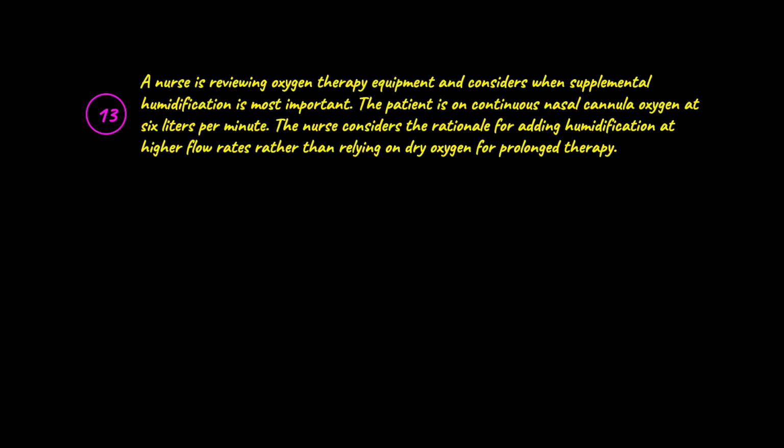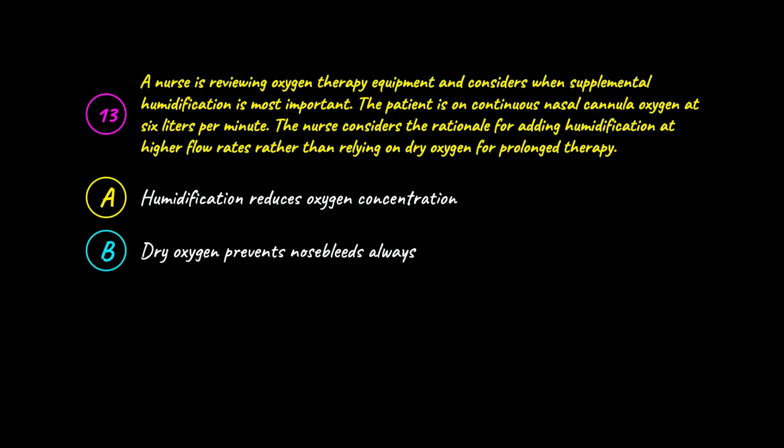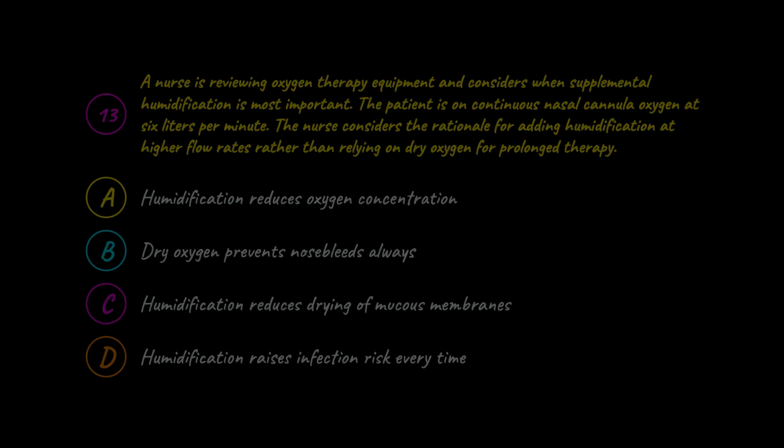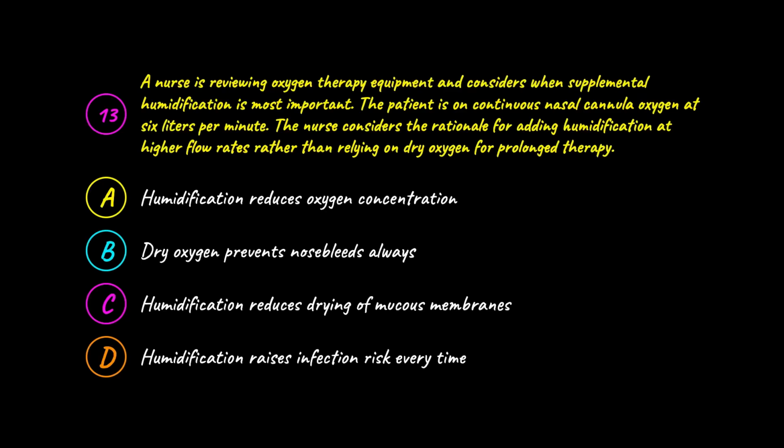Your options are: A. Humidification reduces oxygen concentration. B. Dry oxygen prevents nosebleeds always. C. Humidification reduces drying of mucous membranes. D. Humidification raises infection risk every time. Pick one. Trust your gut. Here's your chance to test yourself.